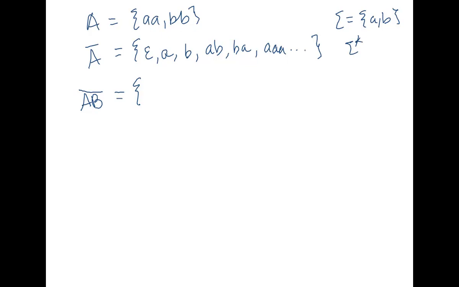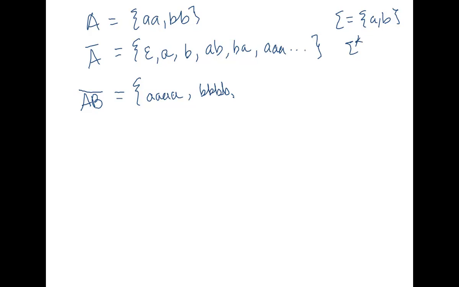Things in this language, if I have 4 a's, I can't be in the concatenation of AB, because AB only gave me 5 a's. That was one string in AB. So I can't get 4. There's no way to do that. It can't have 4 b's. So it's in the complement because it wasn't in the concatenation.